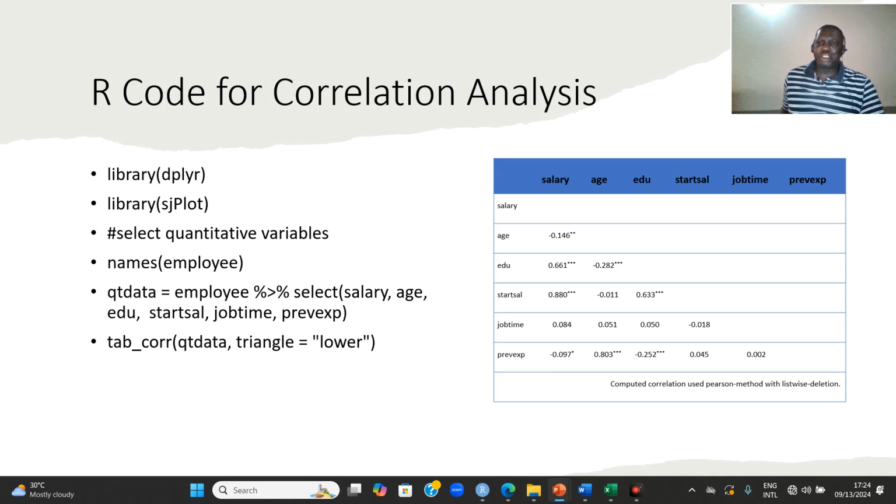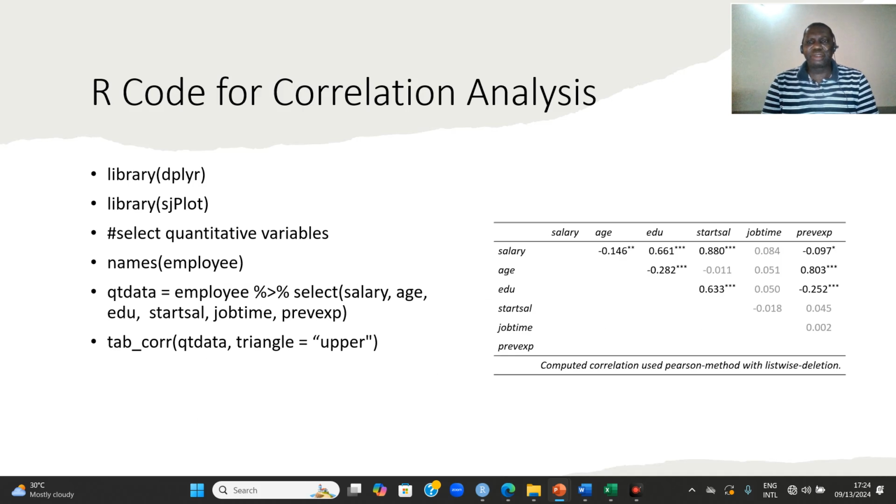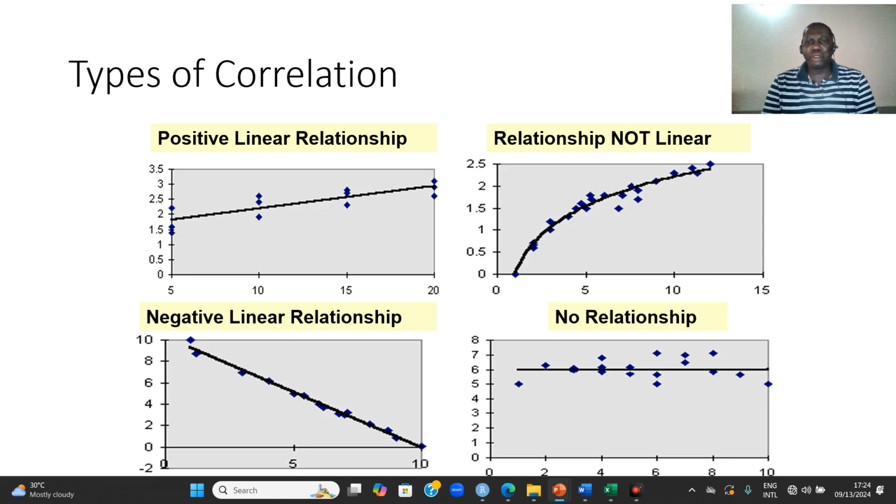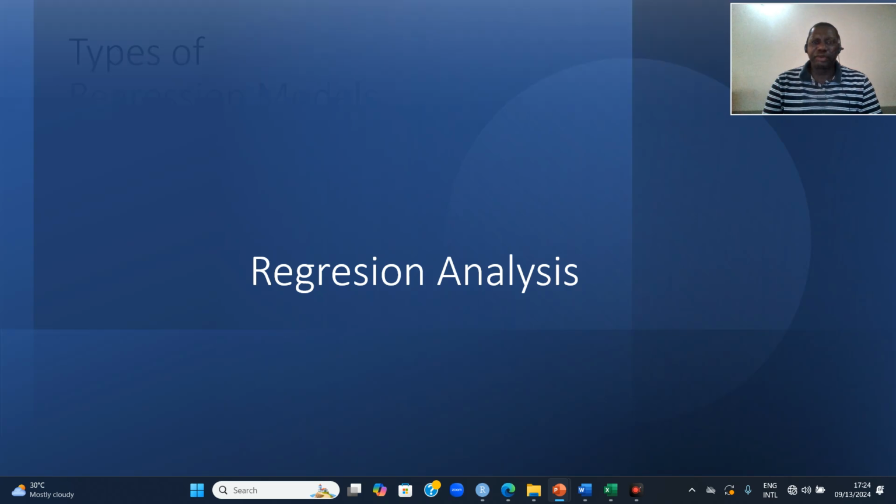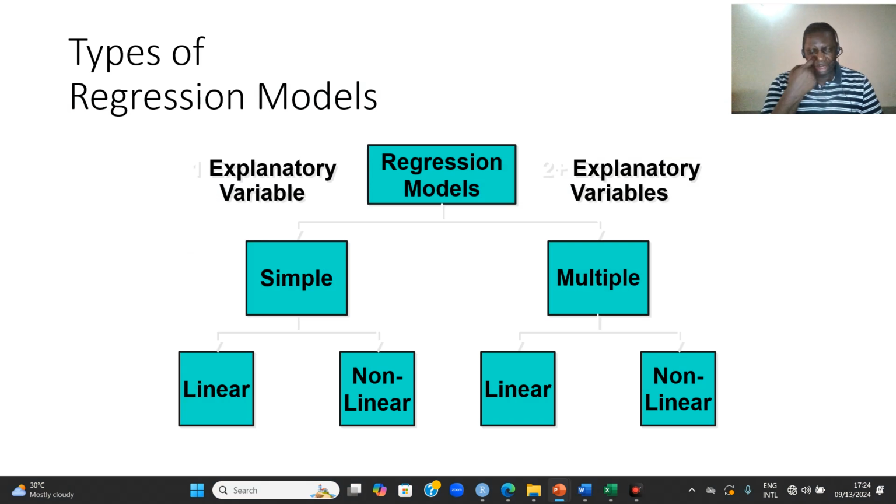Let me spell out this mathematics of how to obtain the test. So that's what I want you to quickly understand. There are various relationships, and for regression analysis, we can classify into two: simple and multiple.